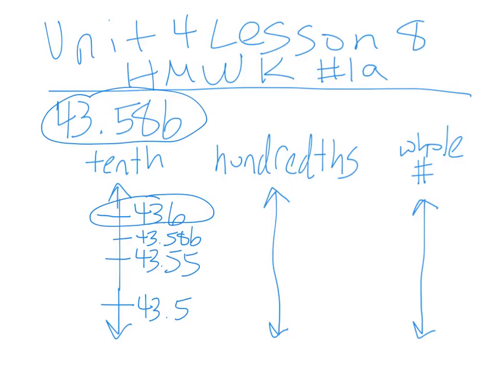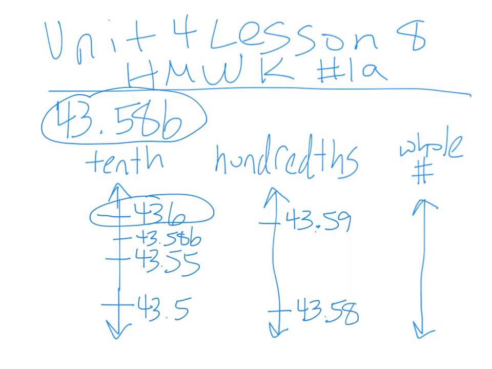If we were rounding to the nearest hundredth, it would look like this. Rounding to the nearest hundredth would be 43.59 if we were rounding up. If we were rounding down, it would be 43.58.